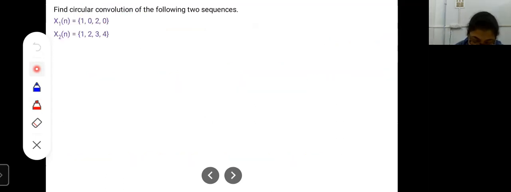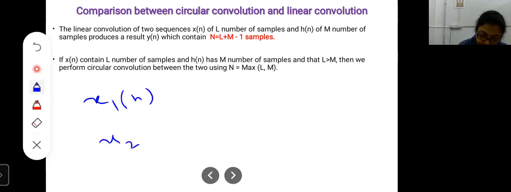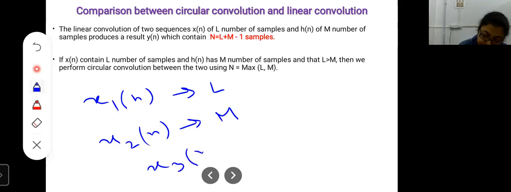Before discussing the numerical problem, first I want to show you some differences between linear convolution and circular convolution. In linear convolution, say there are two sequences x1(n) and x2(n), where x1(n) has length L and x2(n) has length M. After applying linear convolution, we get x3(n) or x3(m).